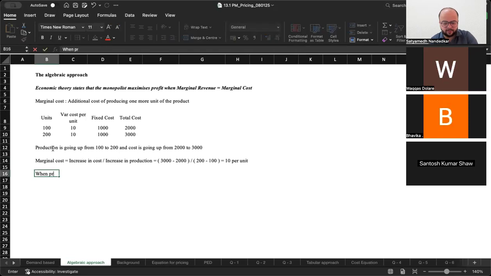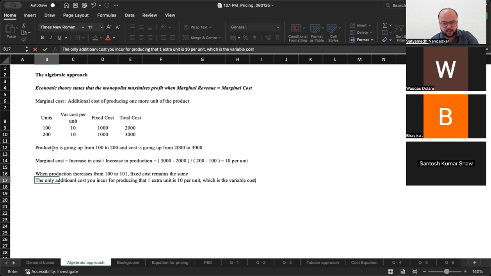Also, when production increases from 100 to 101, fixed cost remains the same. The only additional cost you incur for producing that one extra unit is 10 per unit. ठीक है, which is the variable cost.